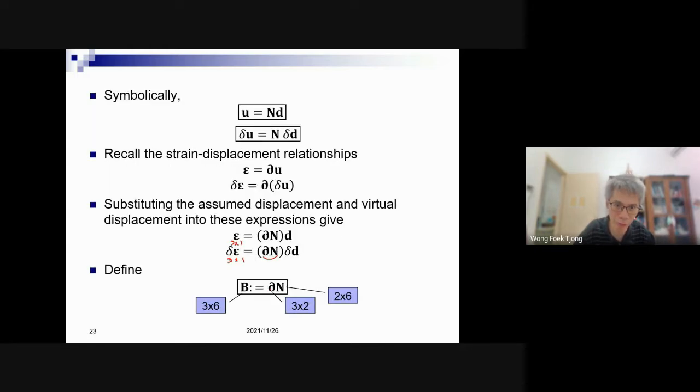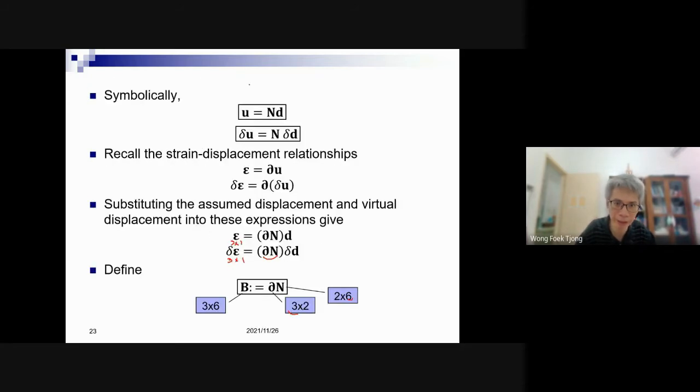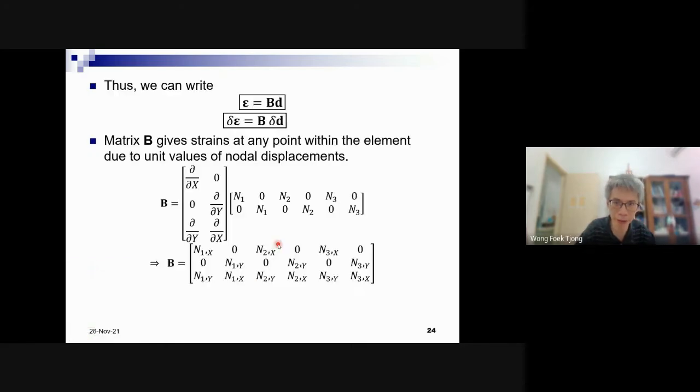So the matrix B is 3 by 6. So we can write the strain displacement matrix, epsilon equals BD. Similarly for virtual strain, B delta D.